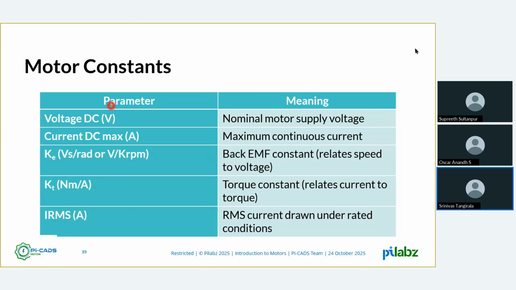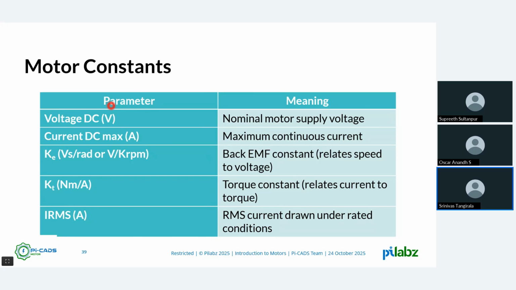So motors also have a very important component called controllers. Controllers control the motor, meaning what? If you want the motor to run at a particular RPM and produce a particular torque, a certain current only has to be passed to the motor. So that is controlled by the controller.